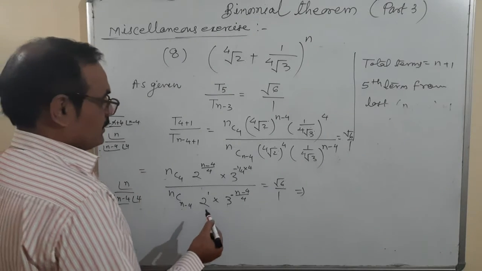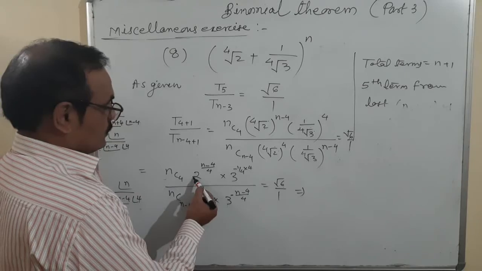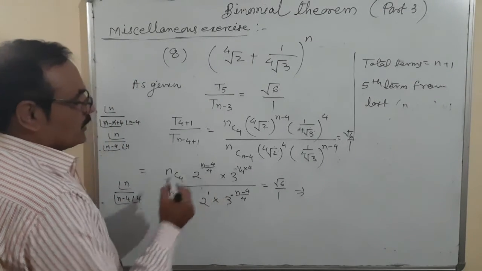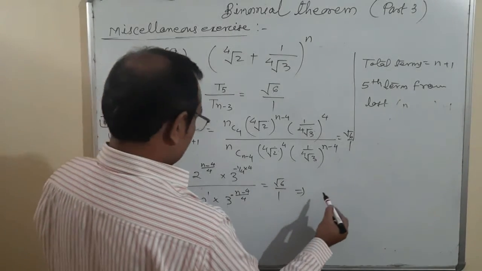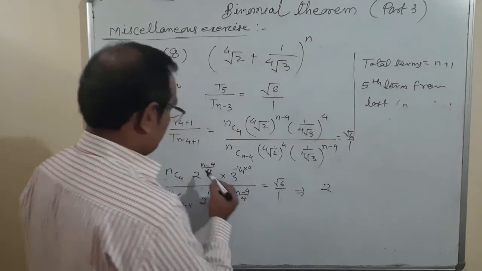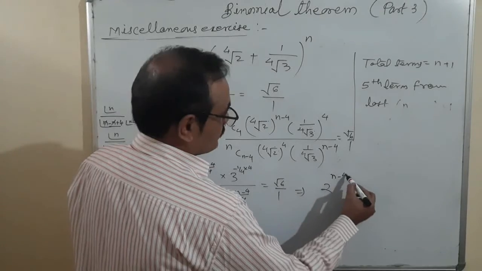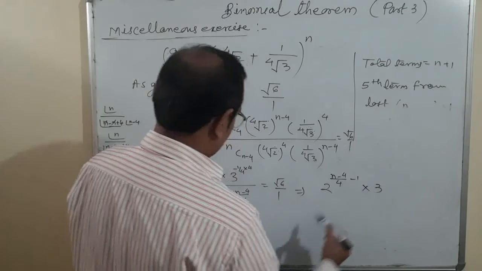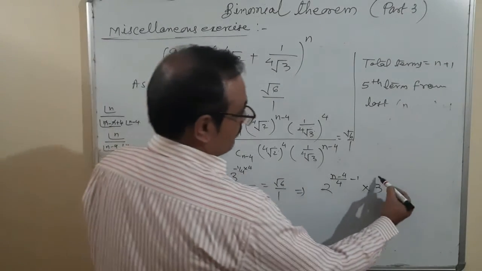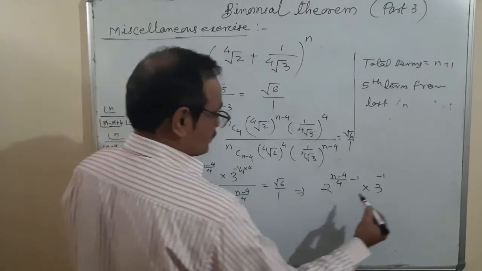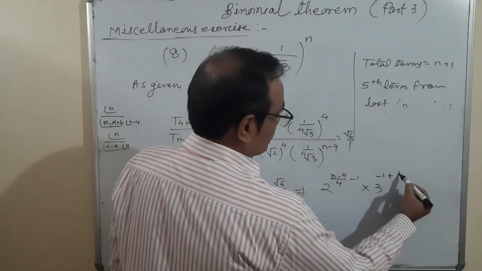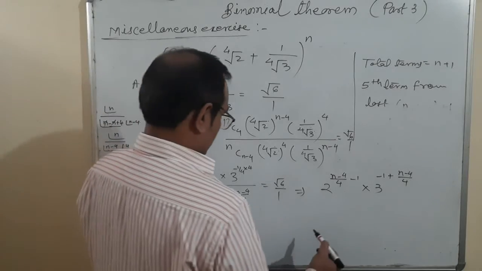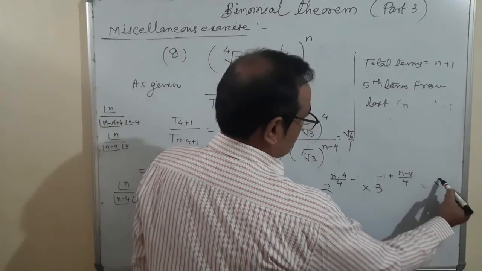Here I can write 2 to the power n minus 4 upon 4 minus 1, multiplied by 3 to the power minus 1 plus n minus 4 upon 4, is equal to root 6 upon 1.